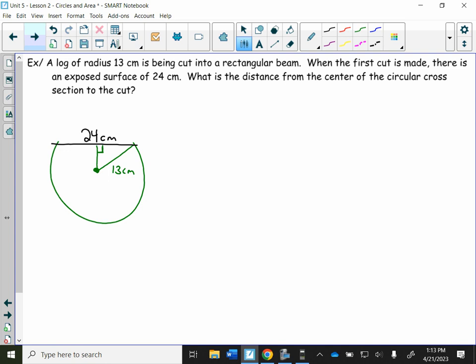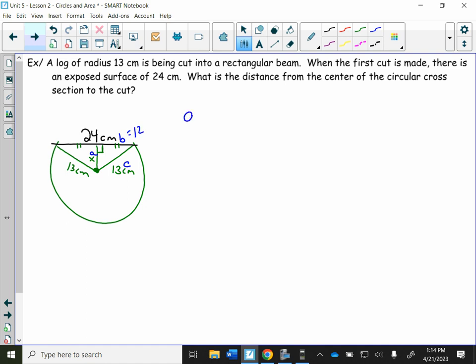And I can figure out this distance here by thinking to myself, well, that's also 13 centimeters, still a radius. If this is a straight cut, then these are the same, and they're each 12. Well, that allows me to do a squared, b squared, c squared using c, a, and b, where b is 12.